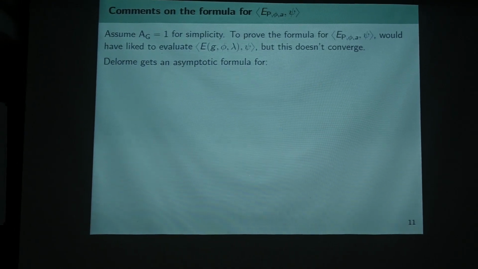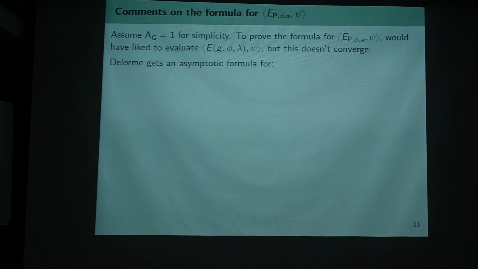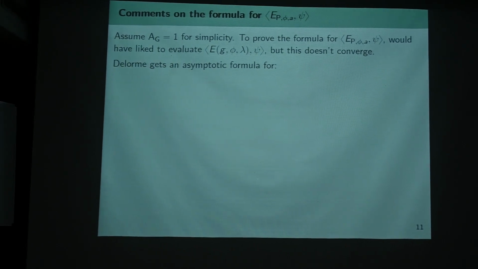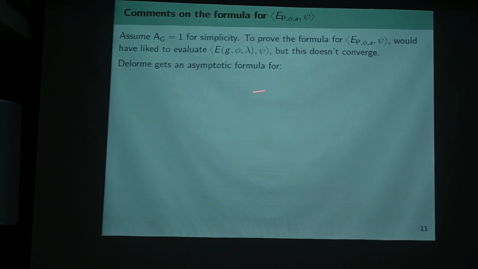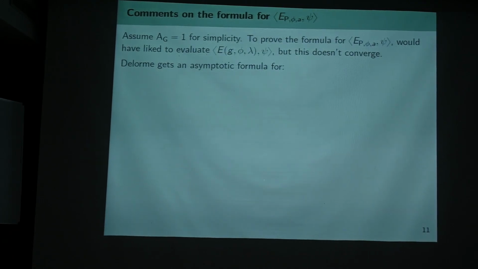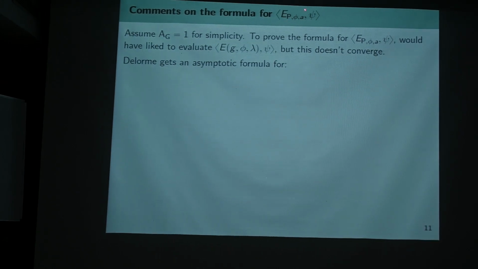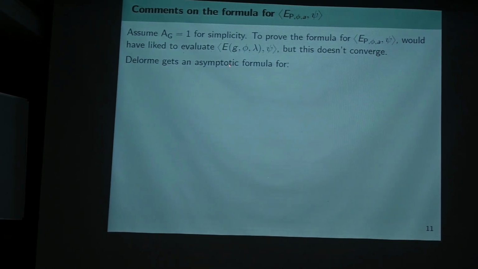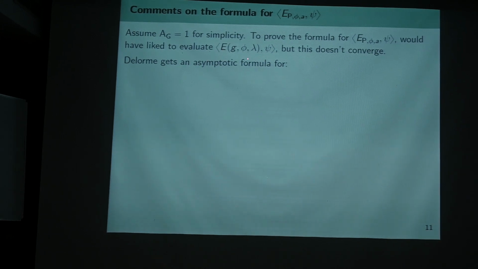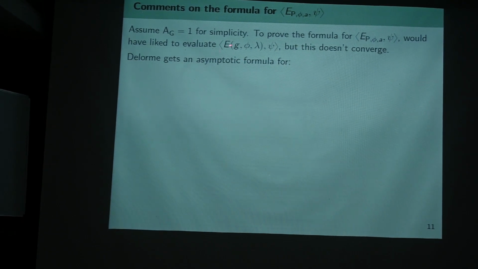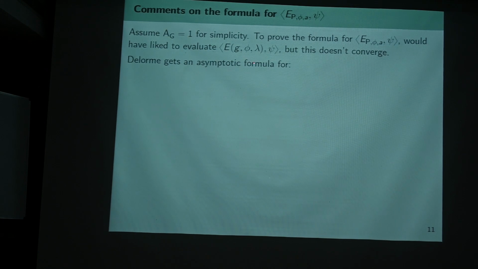Okay. So let me make some comments on this formula. It's not like this is the one where most work goes in. So you see, E(P, phi, A) is a wave packet. So it's a packet made of various Eisenstein series. It's a continuous integral of Eisenstein series, and you want to pair it with psi.